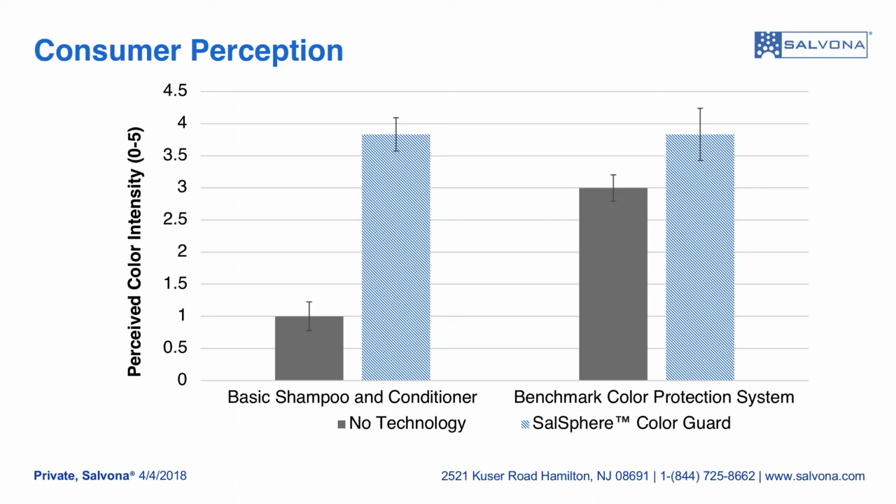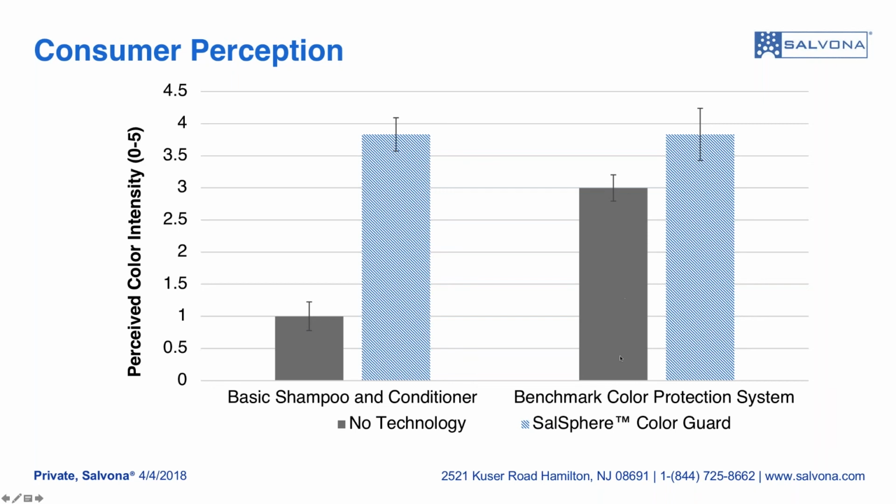When we compare this set of experiments with panelists who graded the odor intensity between 0 to 5, we found with the basic system that the base by itself with the three ingredients scored 1. However, when the same base was added to the technology, the intensity significantly increased to 3.8.